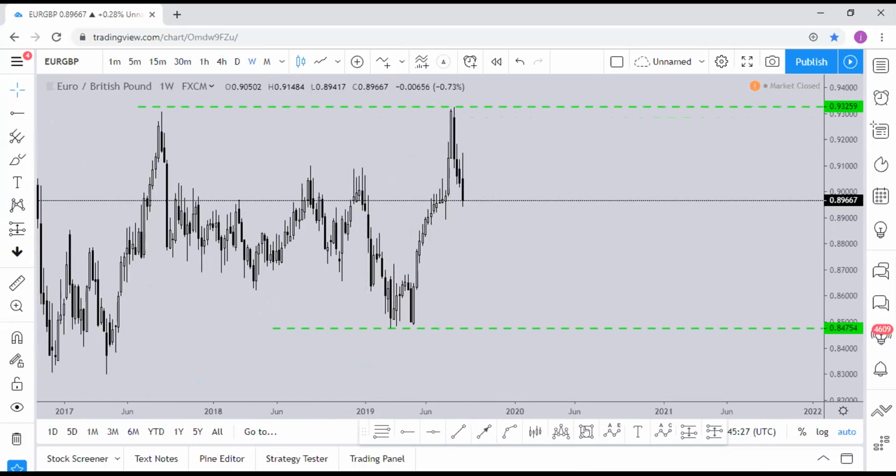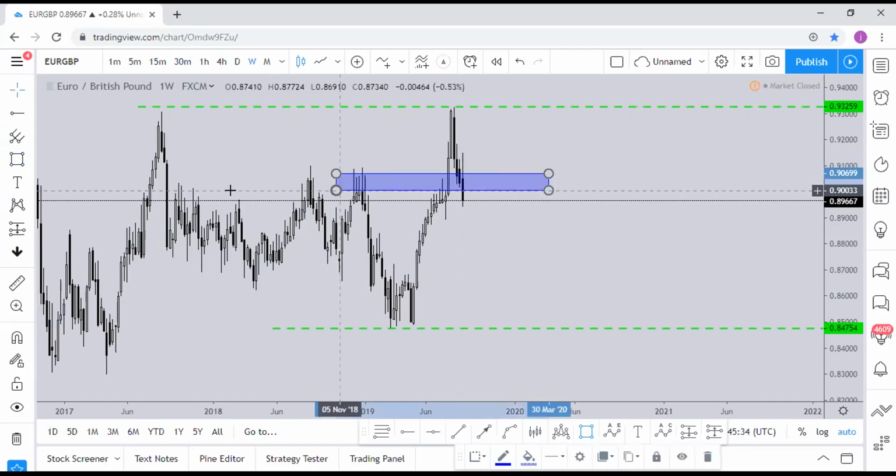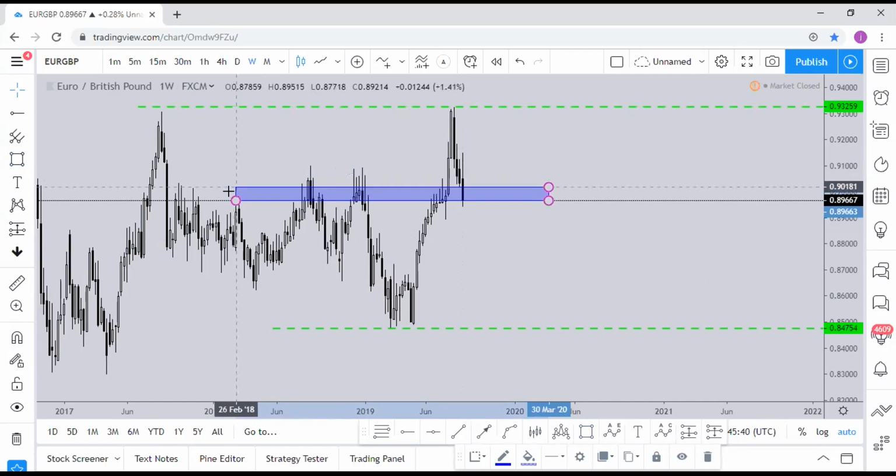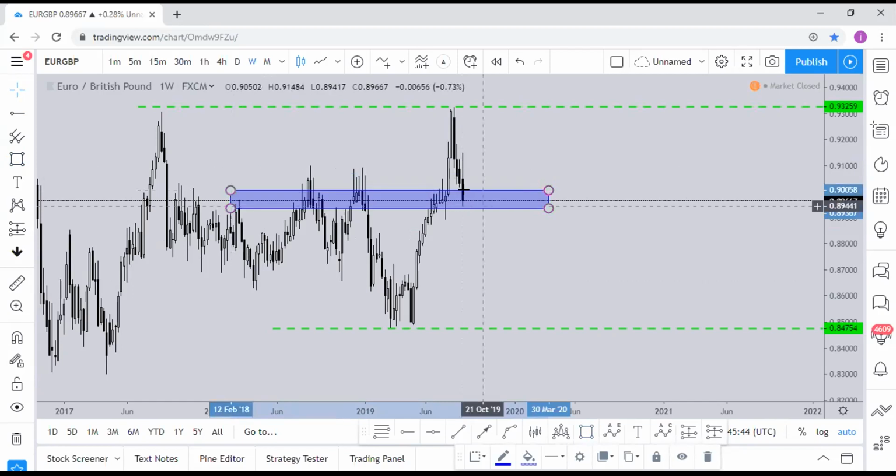You can expect a retest in this area. And why do you say that? Because it tested this area in the past, and it went down, right? Yeah.